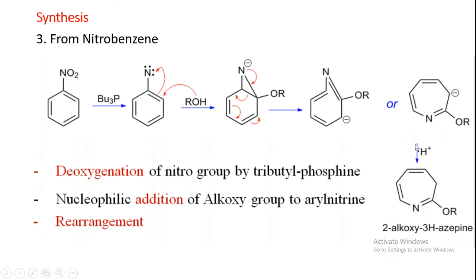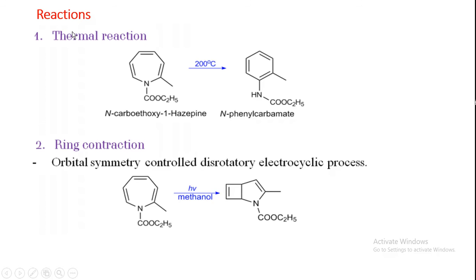Then one protonation will take place to give 2-alkoxy-3H-azepine, at this position. So ultimately the negative charge on this carbon will be compensated by this H plus, and we will get alkoxy 3H azepine.